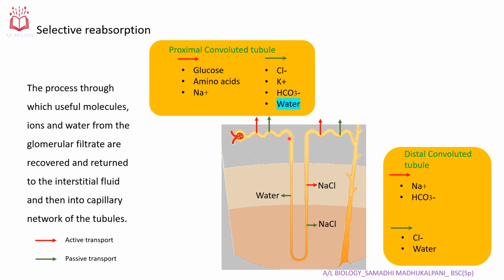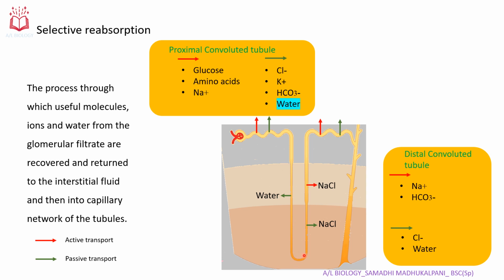When this filtrate moves into the descending limb of the loop of Henle, you know that the descending limb is permeable to water. Because of that, when the filtrate moves down, water is reabsorbed through passive transport. Therefore, the filtrate becomes more concentrated.